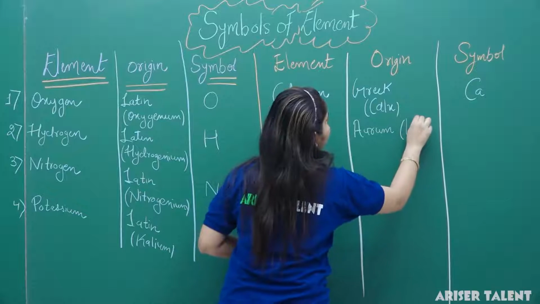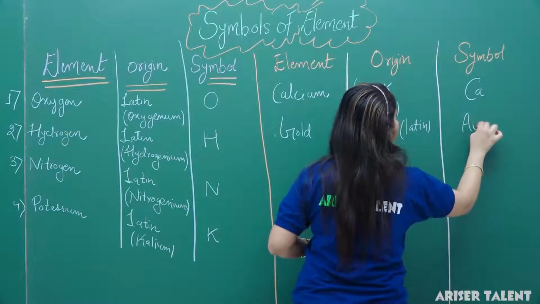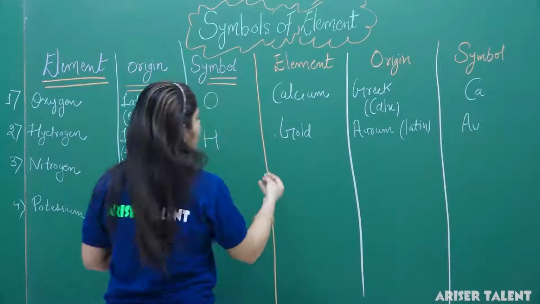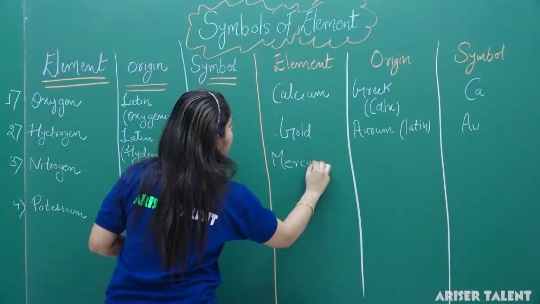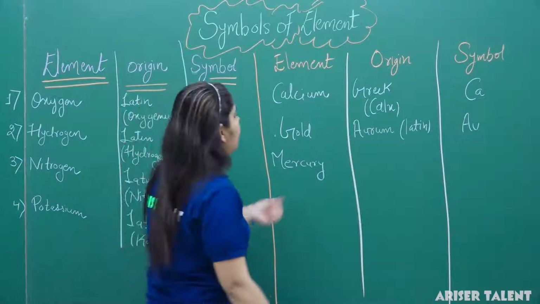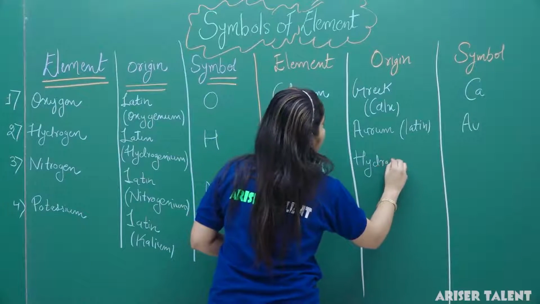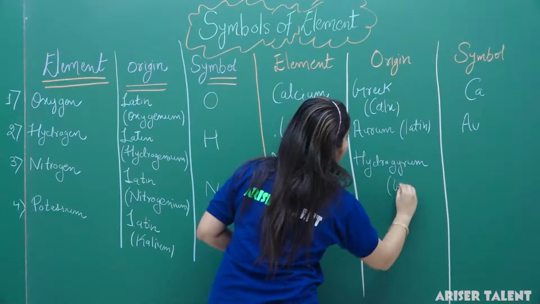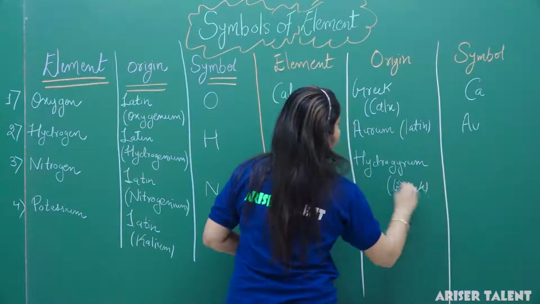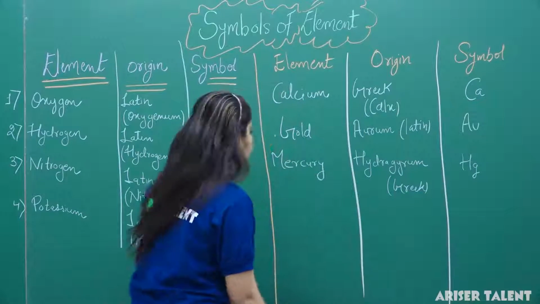It is again a Latin word, and the symbol for gold we have is Au. We have the next element in this category, that is mercury. Mercury is taken from a word hydrargyrum. Hydrargyrum is again a Greek word, and the symbol for mercury will be Hg.